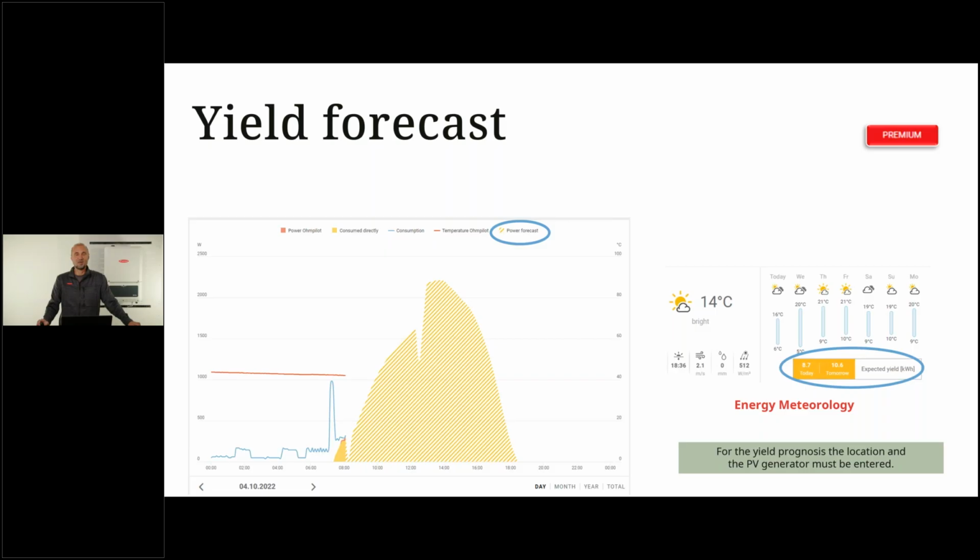There can be clouds in the morning, and in the afternoon is maybe more sunny, or also your PV array is more orientated to the west, and then you have probably higher output on the west side, for example. So this gives you also a little bit more information about what you can expect for the next 48 hours. Also a premium service. In the standard service, this will not be displayed.